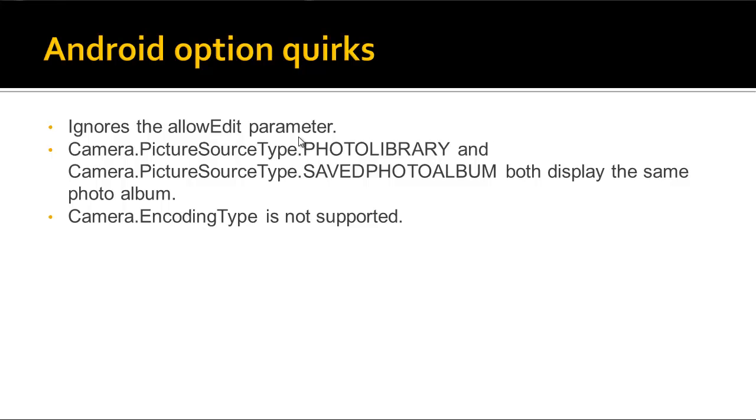I also couldn't demonstrate the camera.encoding type parameter because that is just not supported on the Android platform. Also, the camera.picture source type photo library and saved photo album do both the same thing, which is display the photo album. As you heard me say before, they just do the same thing, which is not a massive problem.